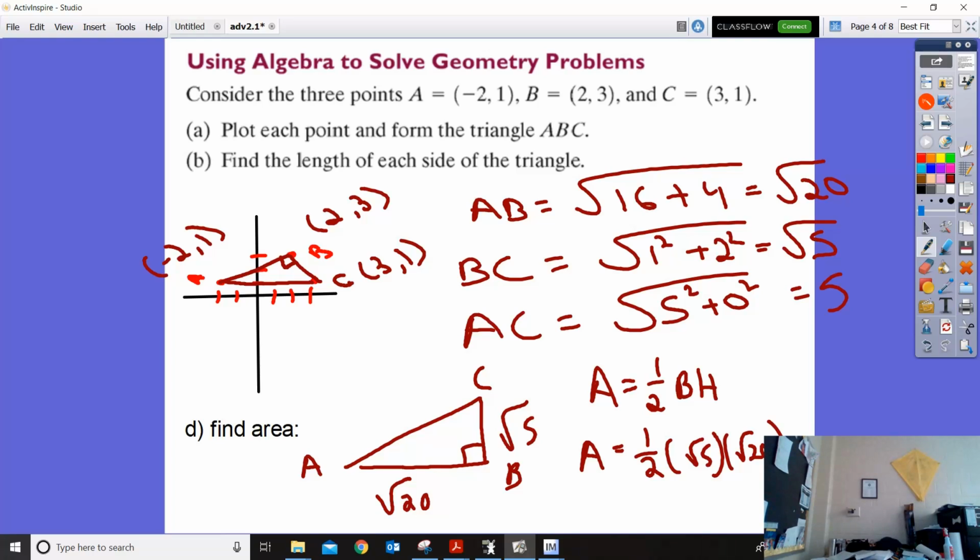What is root 5 times root 20? What's 5 times 20? It's 100, isn't it? This is 1/2 the root of 100. What is the root of 100? Why are you all so quiet?